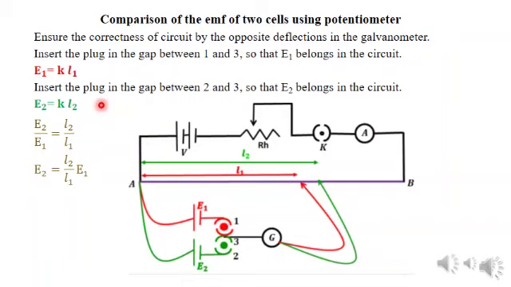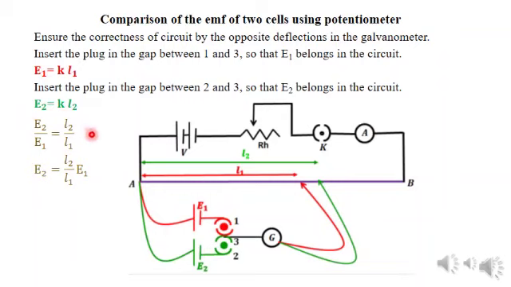When we divide these two equations, we get E2 divided by E1 equal to L2 divided by L1. This is the expression for the comparison of EMFs of two cells.